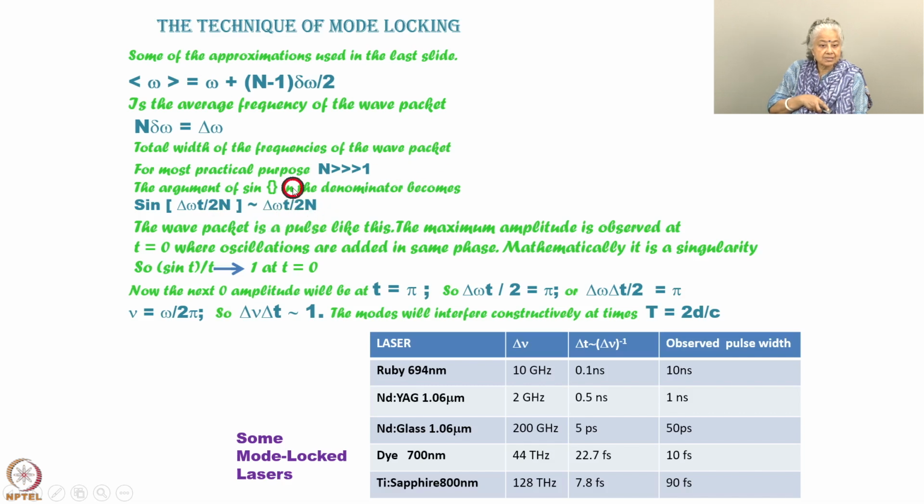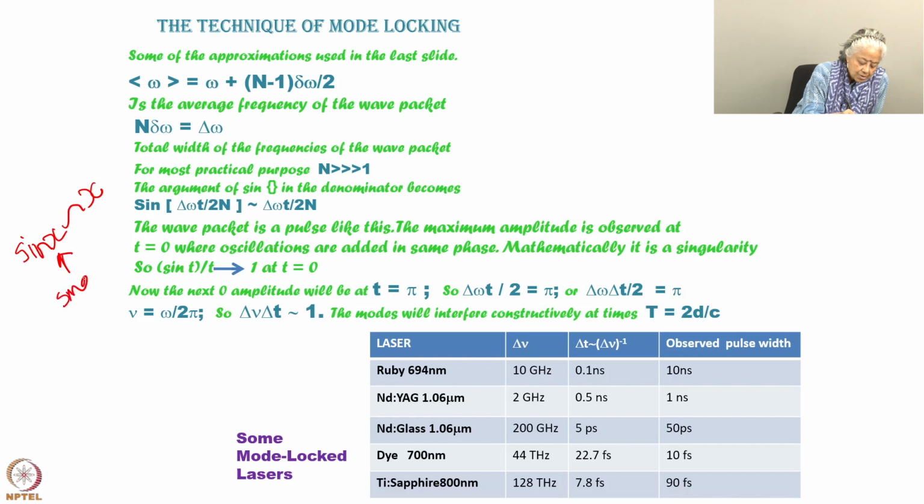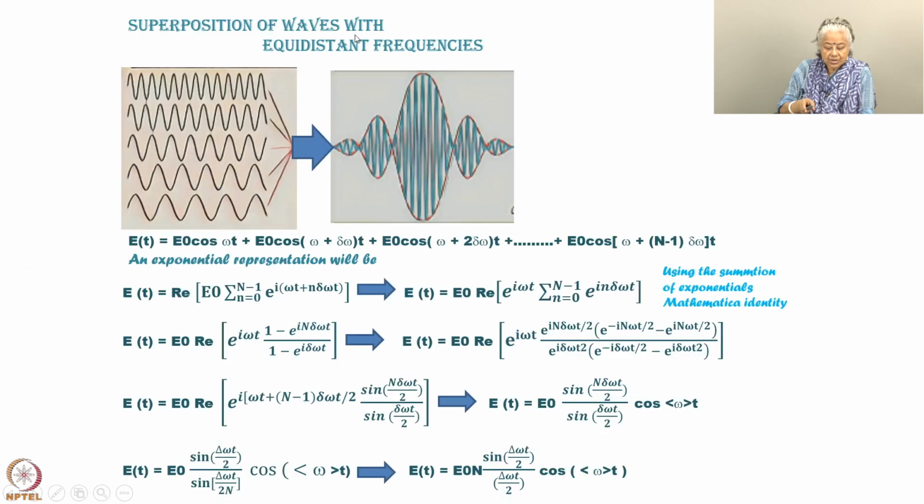That means sine x, x is very small, sine x is almost equal to x when x is small. Okay. When x is small, sine x is x. So, that is how I get this identity. Okay, going back again to the previous slide, so you know where it is. So, this is what I have done here.